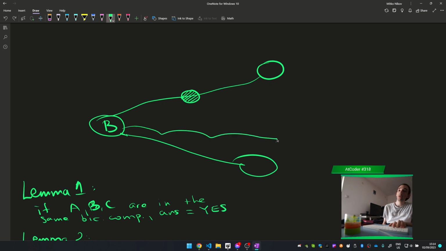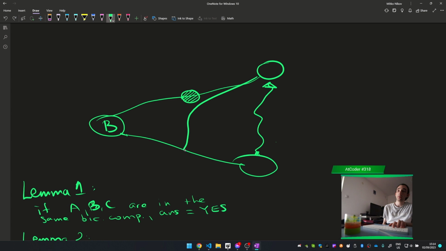I will eventually reach A. I must reach A. One of these nodes, A or C, whatever, doesn't matter. And then if I somehow from A reach C, I have to know that I need to reach B from there.